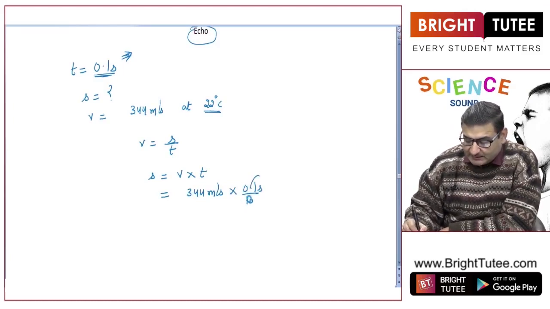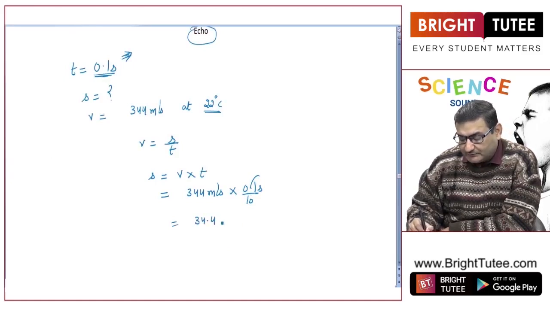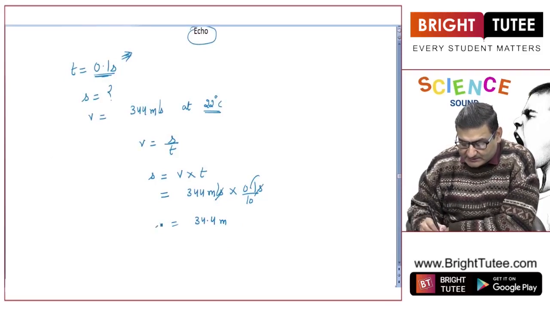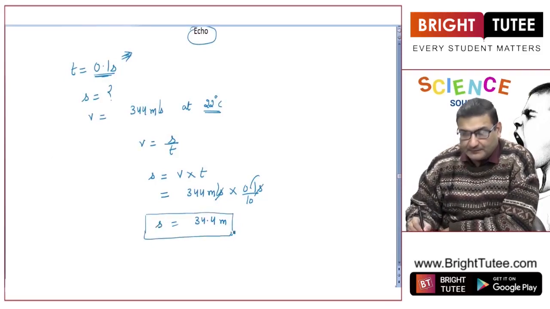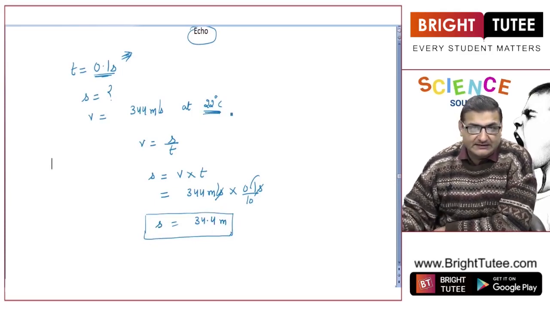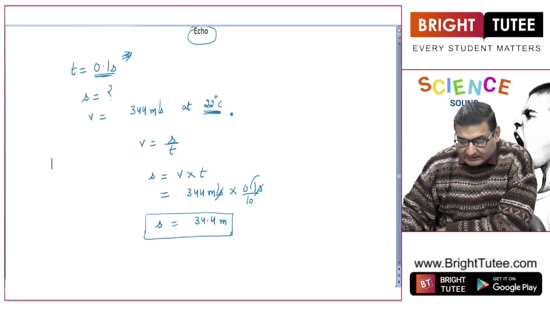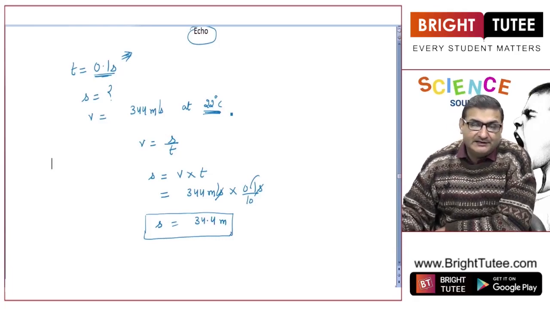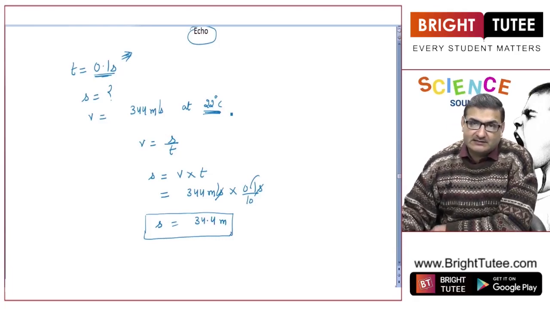Removing the decimal, dividing by 10, I will get 34.4 meter, cancelling second with second. So, this is the distance which should be travelled by the sound wave at 22 degrees Celsius for us to hear the echo of this particular sound.